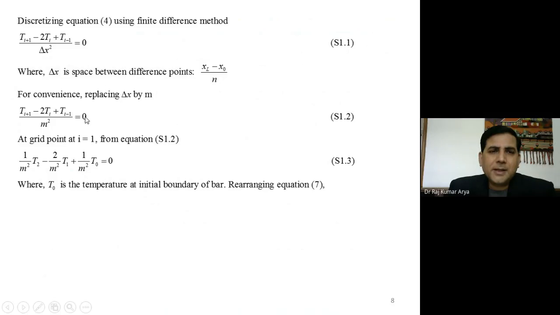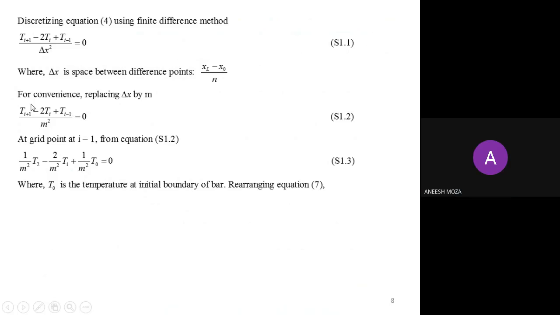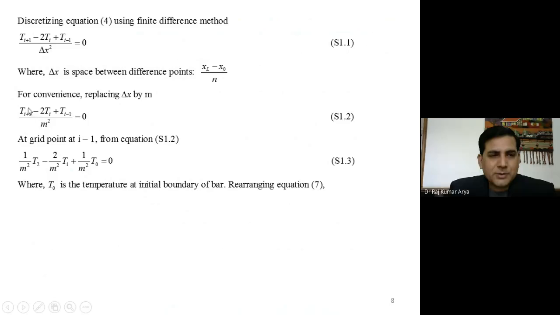Now again, I changed delta x to m. That choice is yours, because if you want to write your MATLAB code, writing delta x looks very odd. So either you can prefer h, or m, or some other variable, because you need not write delta everywhere. Correct? Yes, sir.